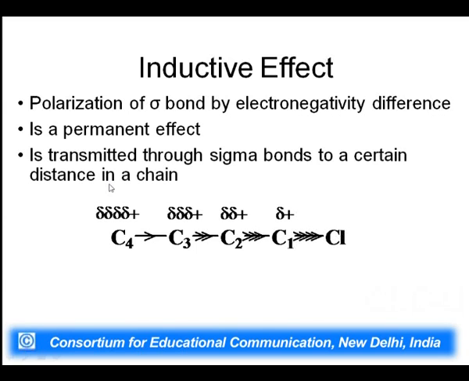Going to C4, the fourth carbon atom, the features of inductive effect diminish because of the distance, and we can see that the pulling is getting lesser and lesser when we travel across the carbon chain. The partial positive charge goes on decreasing and the inductive effect diminishes.